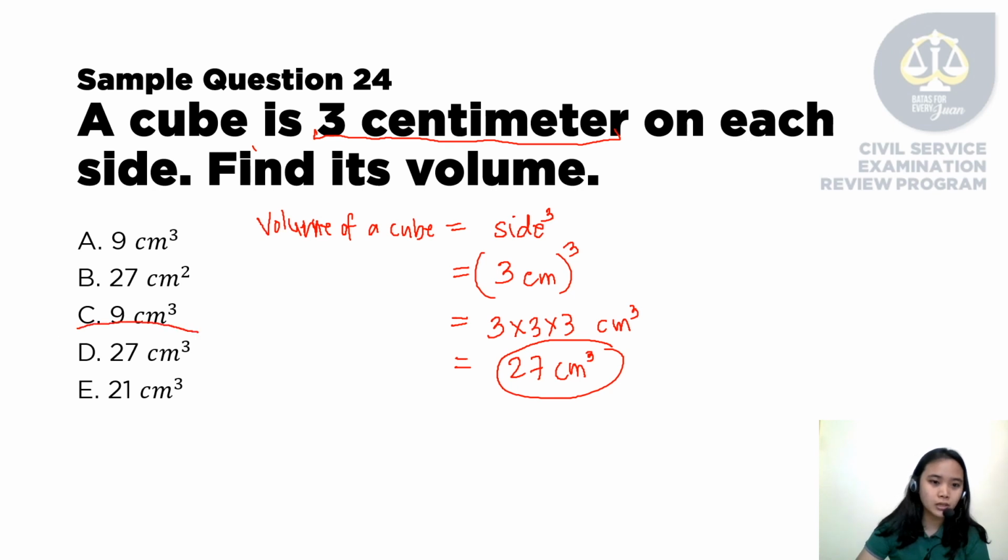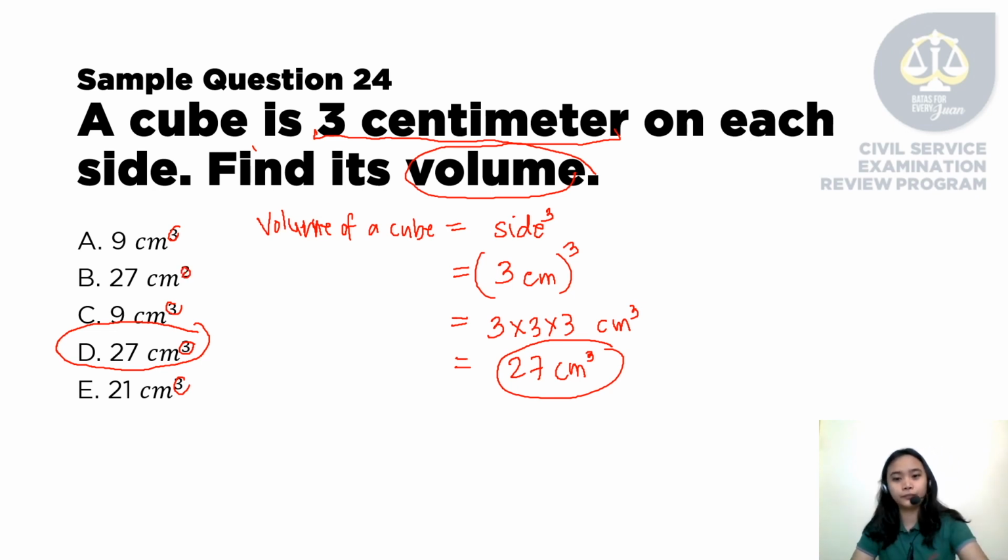And obviously, yung letter D yung sagot natin. So, ino-note ko lang, kapag volume yung pinag-uusapan, yung unit natin ay naka-cube, cubic unit. And then, kapag area naman yung pinag-uusapan, meron tayong squared unit.